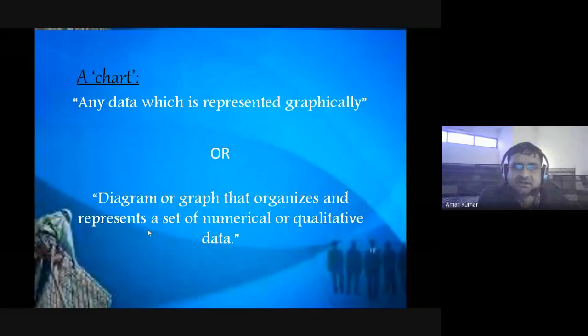Now, what is a chart? Any data which is represented graphically, or a diagram or graph that organizes and represents a set of numerical or quantitative data.